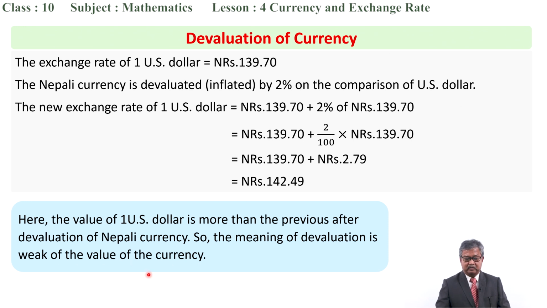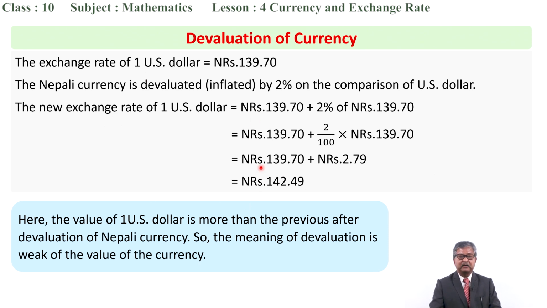This weakening of the value of currency means what? Our currency value is weak because we have to give more Nepali rupees for $1 after devaluation. Before devaluation, 1 US dollar is 139 rupees 70 paisa. But after devaluation, 1 US dollar is Nepali rupees 142.49.